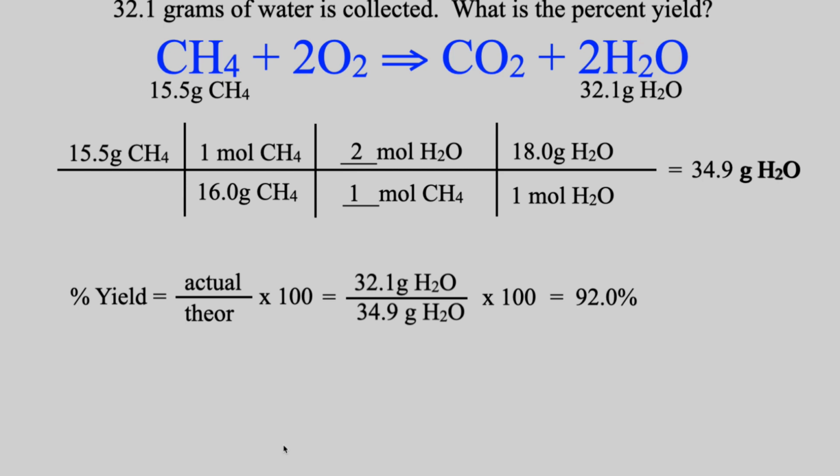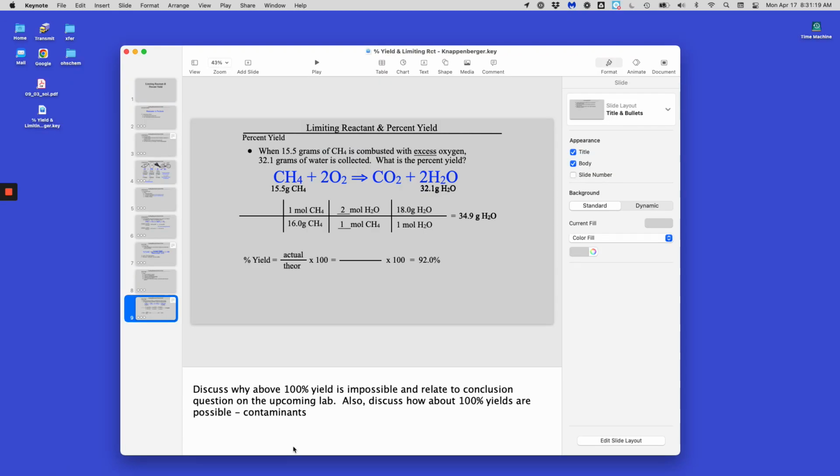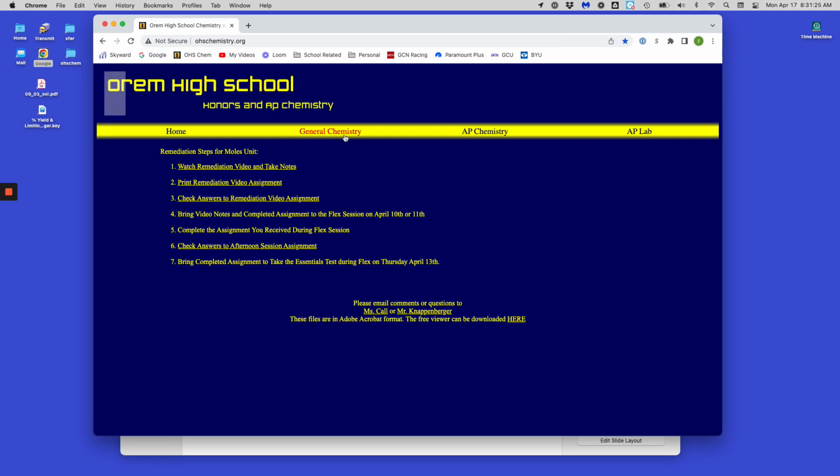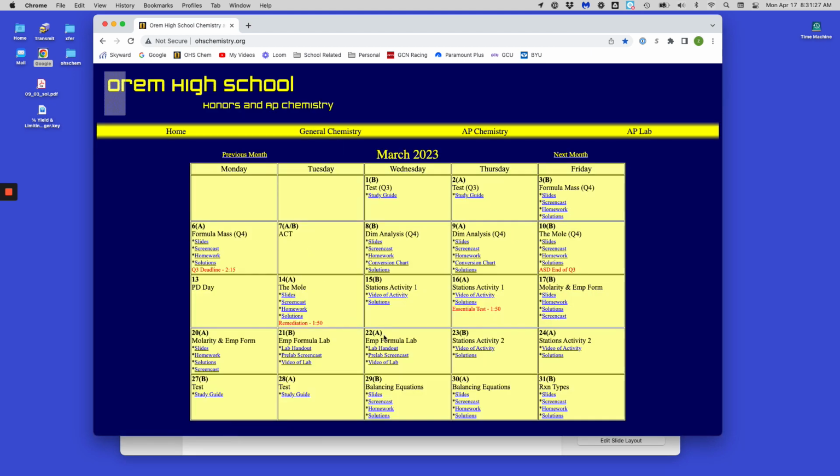Guys, the answer to this additional practice, wait, is that the same one? Oh, guys, that's not even supposed to be there. I don't know why she did that. The limiting reactant problems on the very back are the same as the ones that are on the current homework assignment. But guys, at the end of the day, you can find the answers to these additional balancing equations things if you go to our calendar and go back to March.